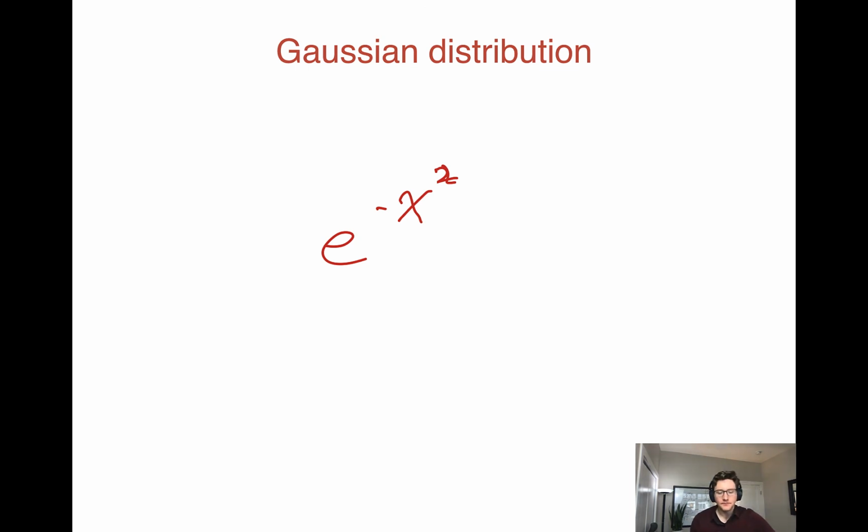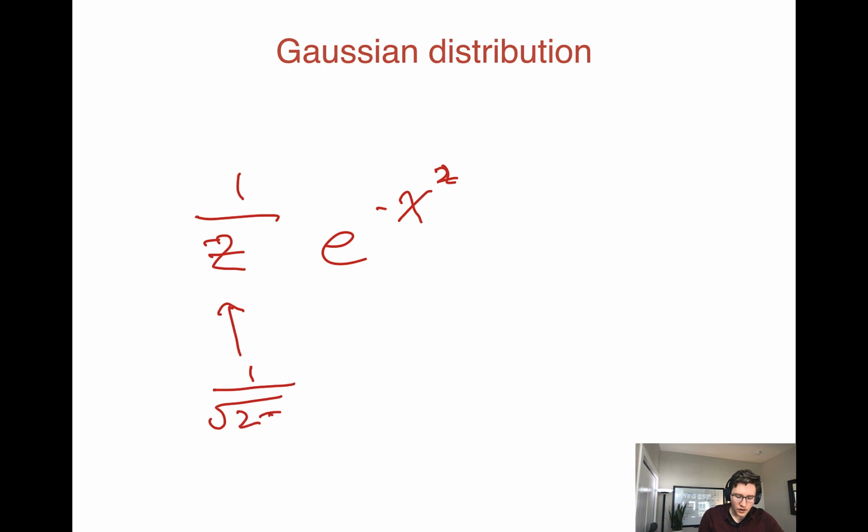So first, we need some 1 over z that makes this thing integrate to 1, because as it is, it wouldn't integrate to 1. That turns out to be 1 over the square root of 2 pi. So it has this kind of scary looking constant factor out in front of it. That's where that comes from. And then we get the other parts of the Gaussian distribution so that we can pick a specific mean and variance.